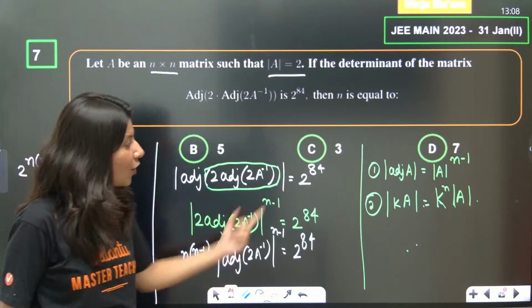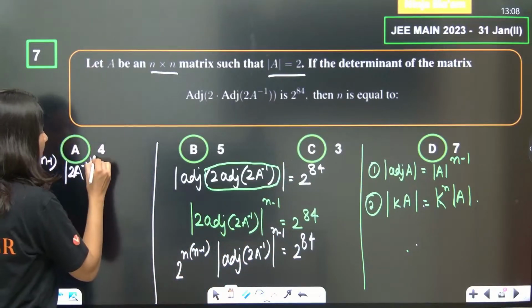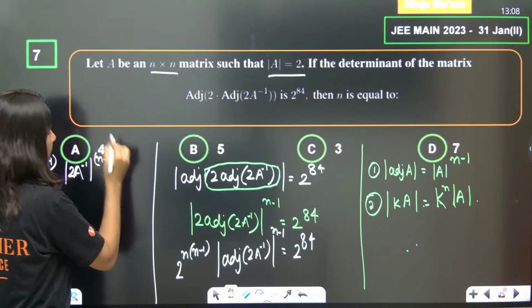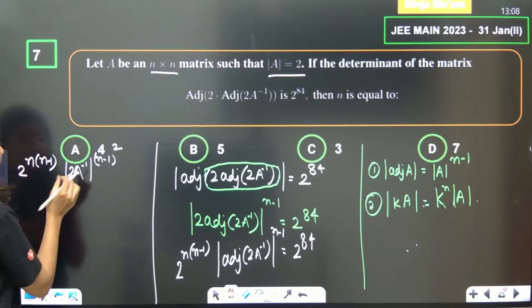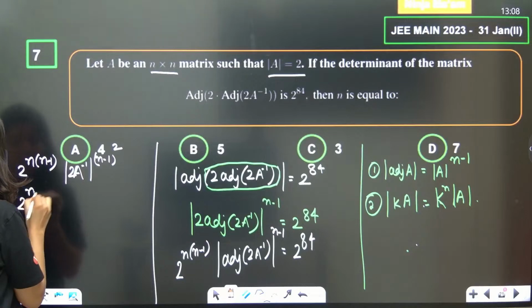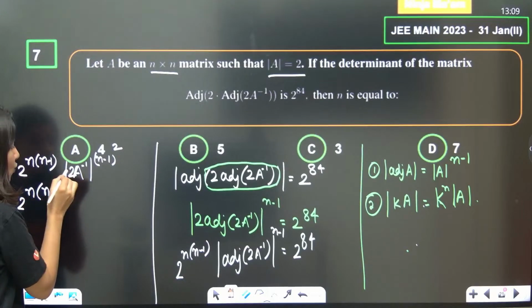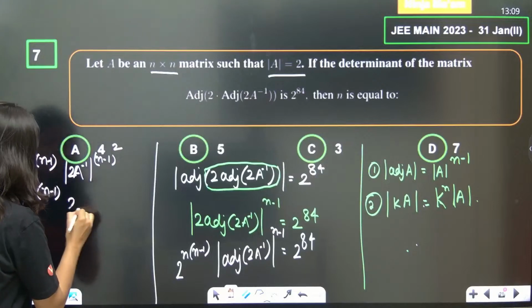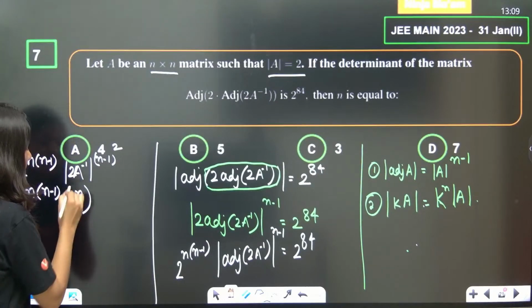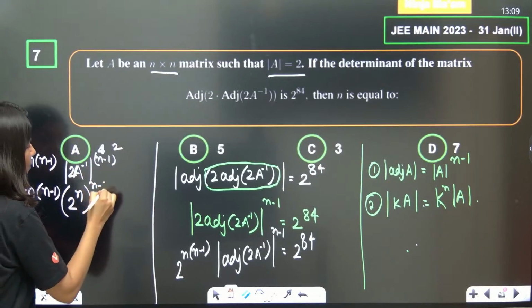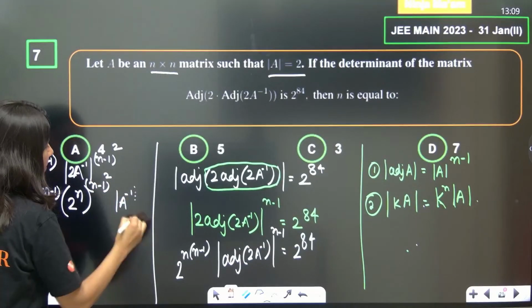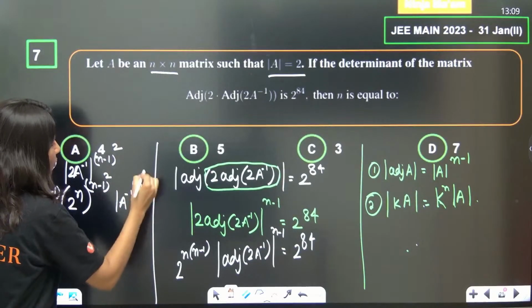Now one more adjoint, so one more n minus 1. So this is n minus 1 into n minus 1, so n minus 1 square is the power. Now again this 2 wants to come out, so 2 will be power n. So 2 power n was already there, multiplied with n minus 1 whole square. And this is determinant A inverse power n minus 1 whole square.